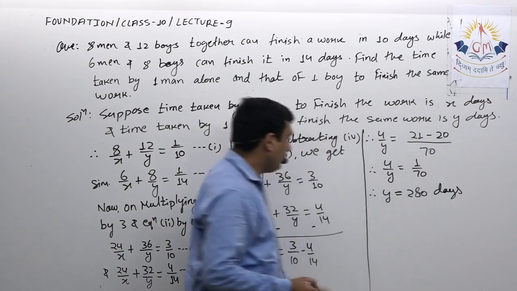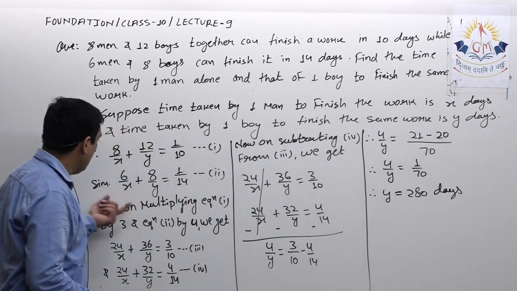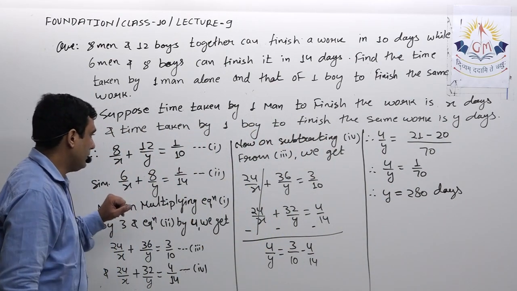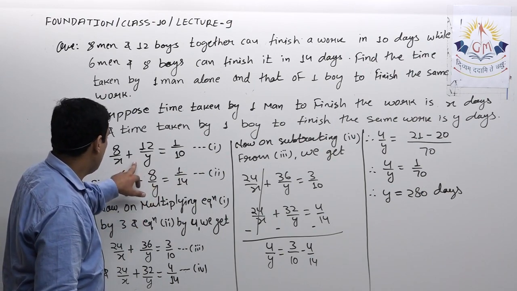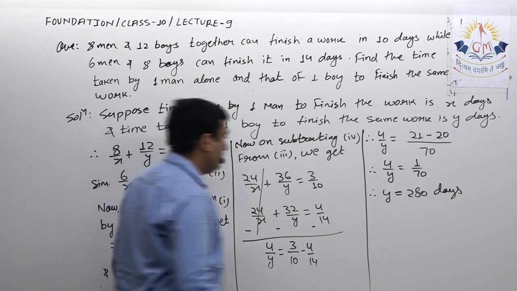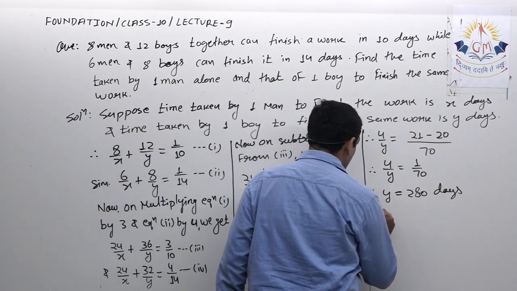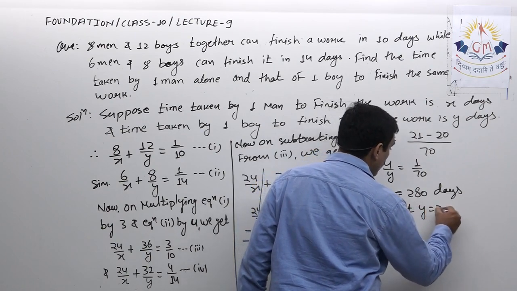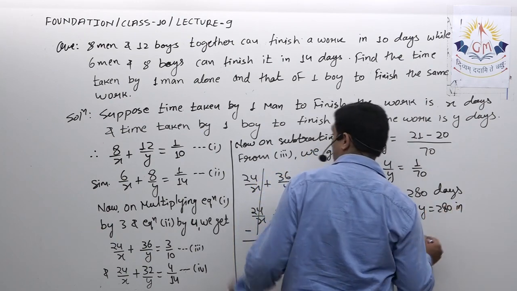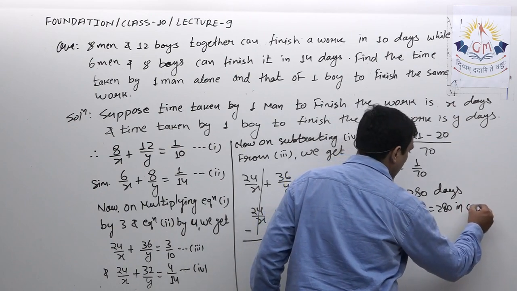Now simply I have to put this y equal to 280 in any of the equations, either the first or the second. So I'll put it in the second.